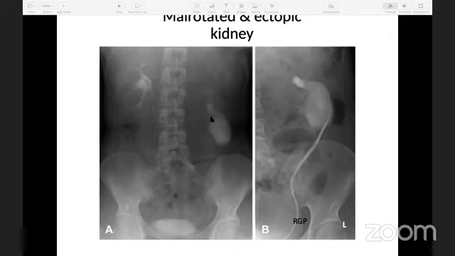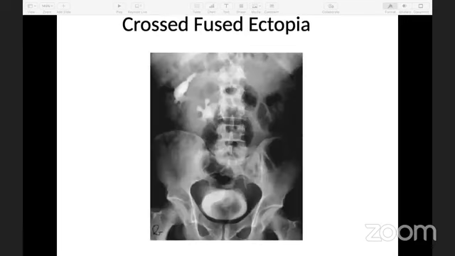IV view showing left side severe hydronephrosis with reverse centration and right side film RGP shows lateral insertion of ureter. This is left crossed fused ectopia because the left ureter is inserted into bladder on left side.